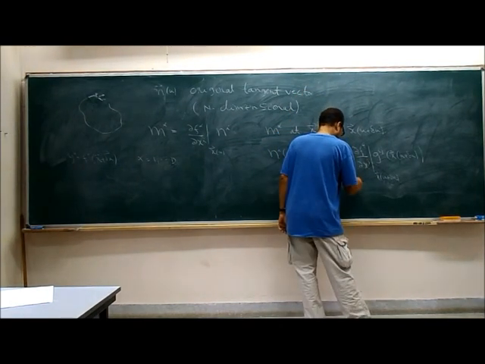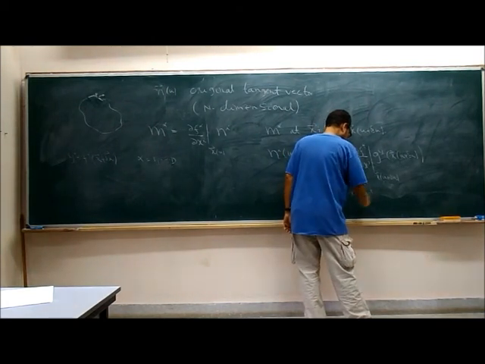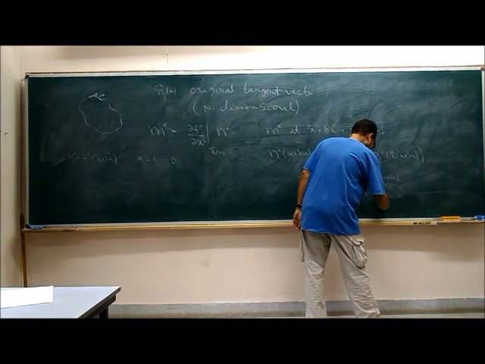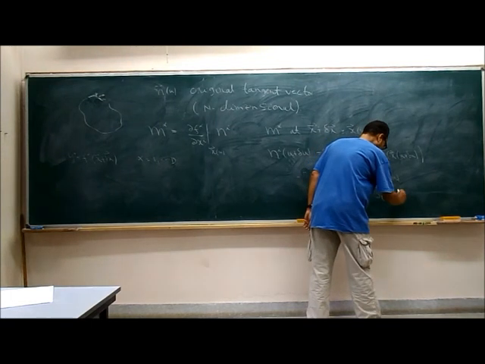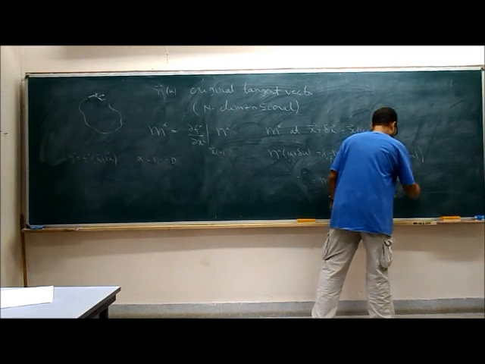So this is ∂α/∂x^j at x, and then the second derivative ∂²f^α/∂x^j∂x^k at δx^k, the change in x.